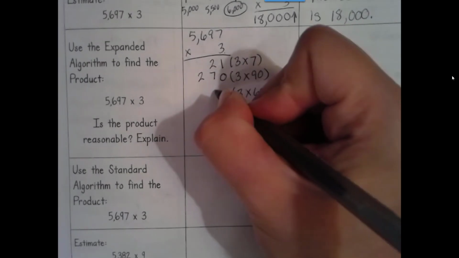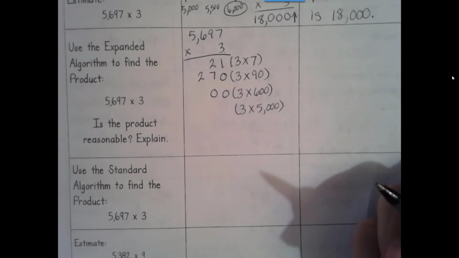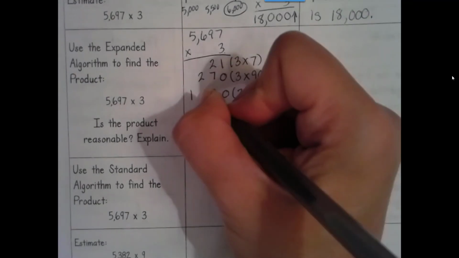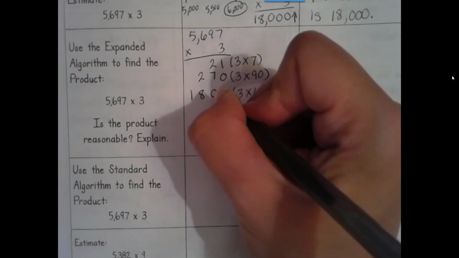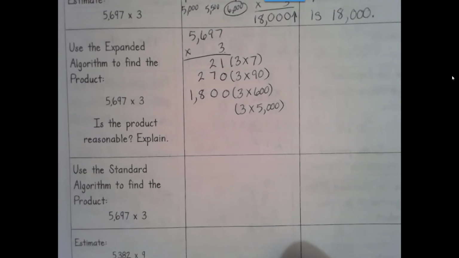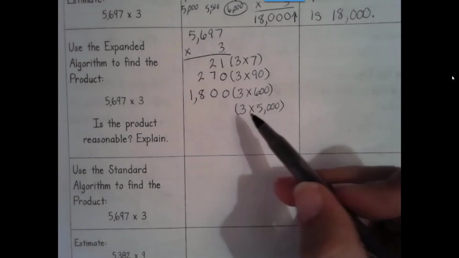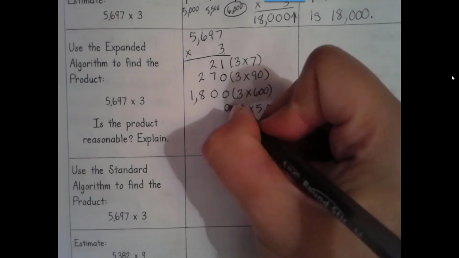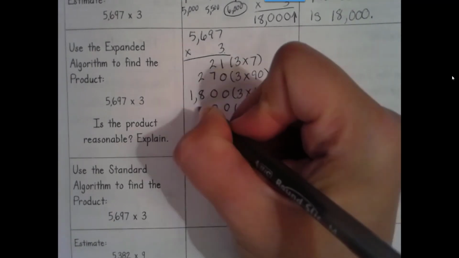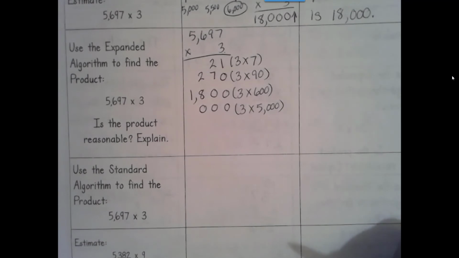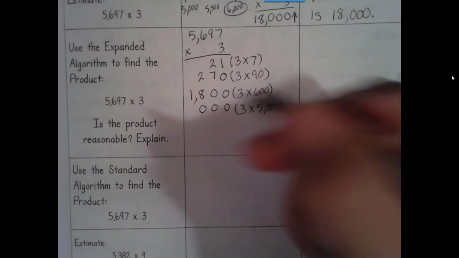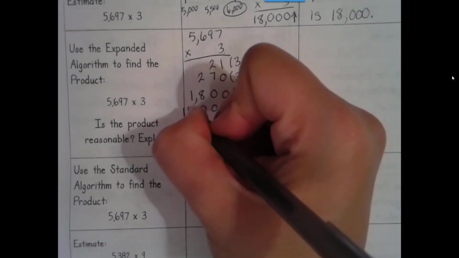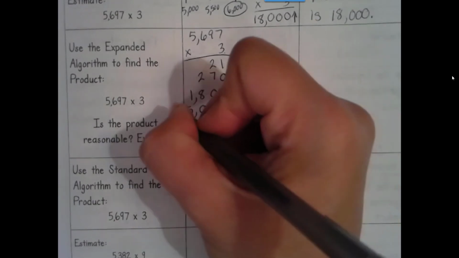That's going to move it over 1, 2 places. 3 times 6 is 18. Ones, tens, hundreds, comma. And then here, 3 times 5,000, we have 1, 2, 3 placeholders. We'll move it over 1, 2, 3 places. And 3 times 5 is 15. 1, 2, 3, comma.